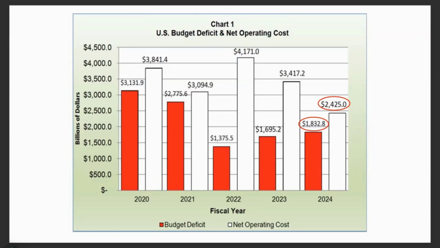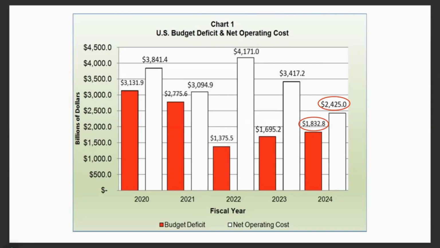Well, the budget deficit is done on an accounting basis, cash only. That is cash received and payments made by the government. Whereas the net operating cost in these reports is done on an accrual basis. And that means revenues earned, but not necessarily collected, and costs incurred, but not necessarily paid.